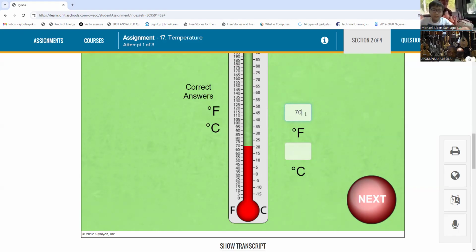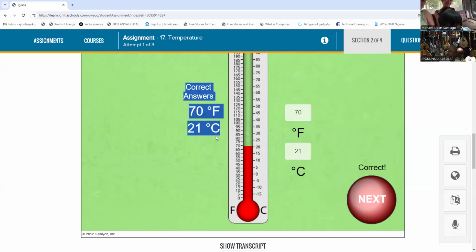Then, what about Celsius? Yeah, it's around 20, but it's a little bit above 20. Maybe we can pick 21 if it should be accurate. Can you see the answer is correct, okay?